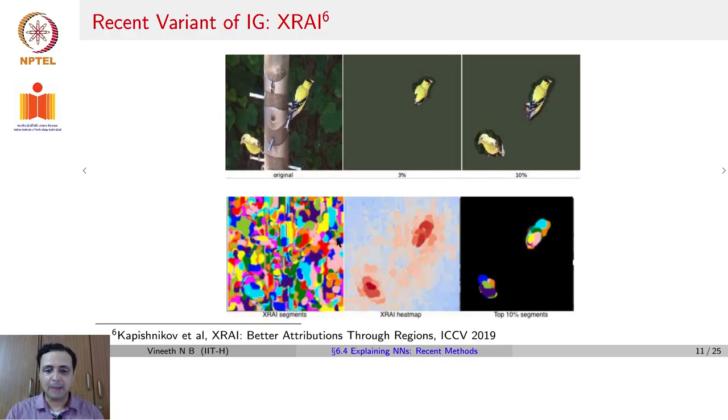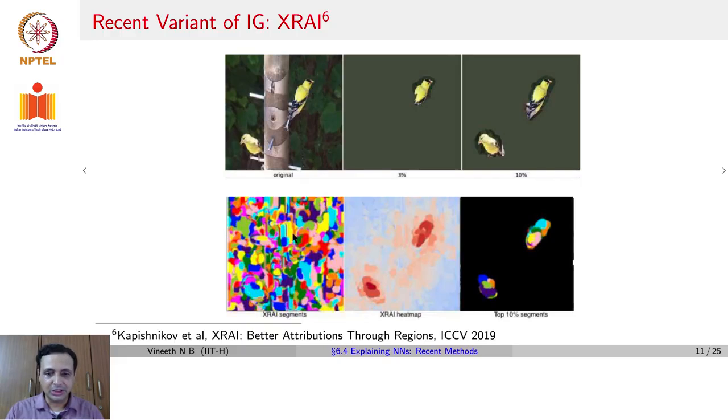The way it happens is you start with XRAI segments. So this is the over-segmented image that we are talking about at the bottom. So you now try to find out which of these segments has the highest sum of attributions of pixels corresponding to the object bird.